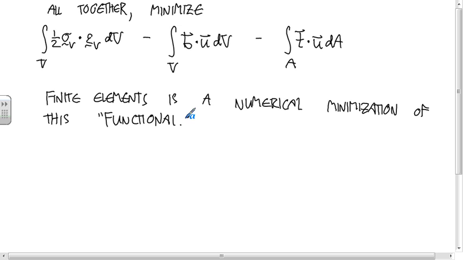So a functional is an integral that, as an argument, takes an entire function. If you're trying to find the minimum of a function, you're trying to find the x value that gets you to the lowest point of this function. With a functional, you're trying to find the entire function that minimizes an integral that depends on that function. It comes up in a lot of different kinds of math, and that's what this is called.